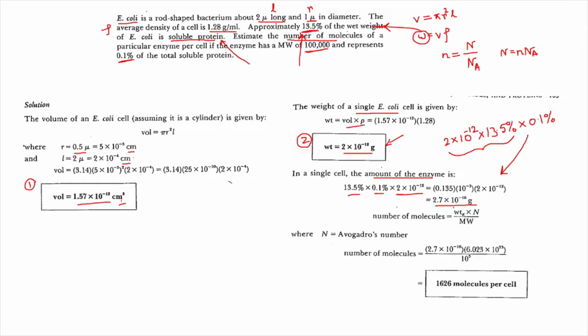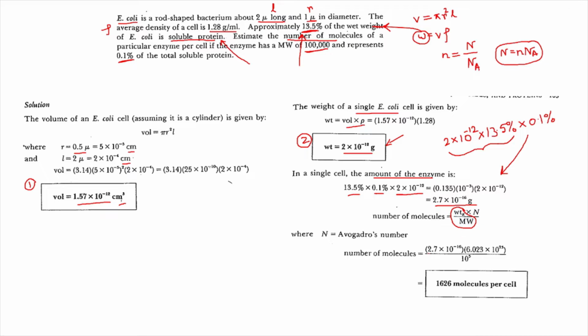Now how will you calculate the number of molecules? I have already shown you. You can multiply Avogadro number with the number of moles. Now how do you calculate number of moles? Weight by molecular weight. So this is nothing but the number of moles.